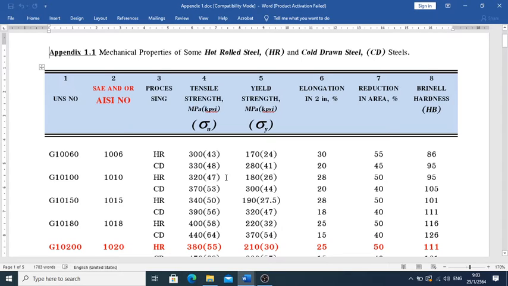Let me first explain hot rolled steel and cold drawn steel. Hot rolled steel means we apply heat on the steel and then roll it, and the steel comes out with a shape like a C shape or an I shape, a cross sectional area, which in Thai language is called เหล็กรูปพรรณ.